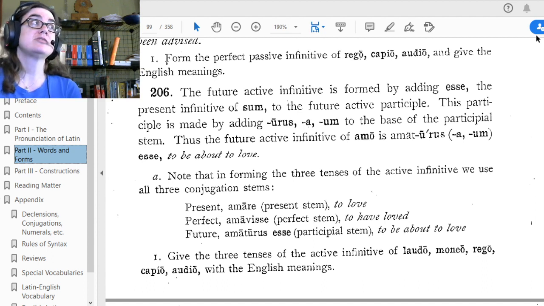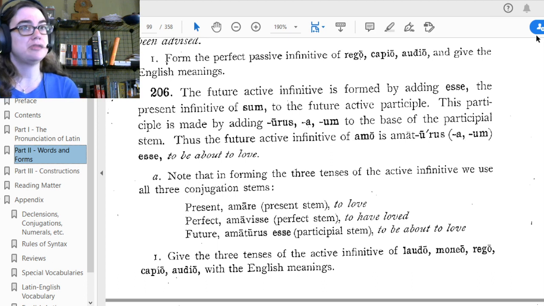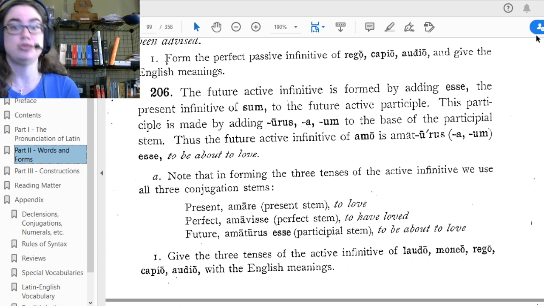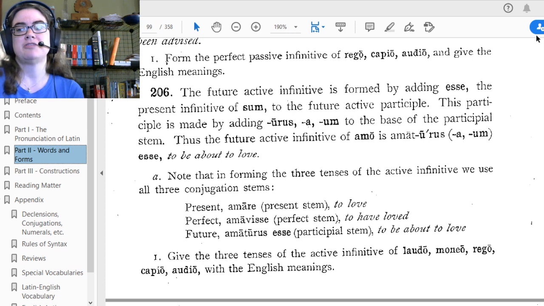The best tip for maybe remembering that is that the word future is a future active participle, futurus. It's a future active participle of to be. Sum esse fui futurus. The verb to be does not have a passive perfect participle for obvious reasons.